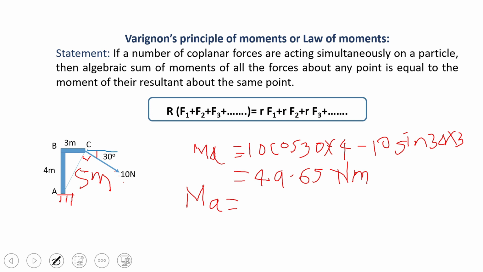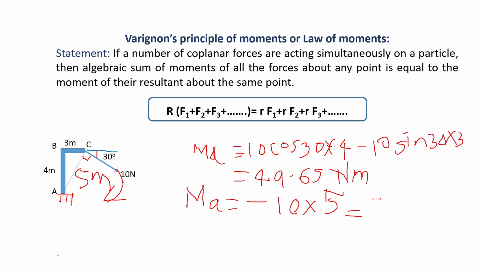And the force again is creating the moment in the clockwise direction. So we get minus 10 into the perpendicular distance 5. So we get the moment about point A as 50 Newton meter, right?